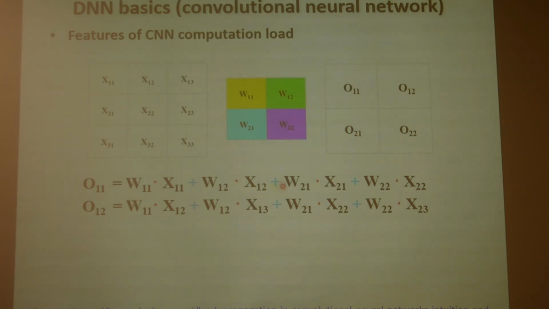If we take a look at how each output neuron is computed, we can see that for the convolutional neural network, each output neuron is still obtained with this multiply and accumulate operation, the MAC operation. So it's still dominated by MAC operations.